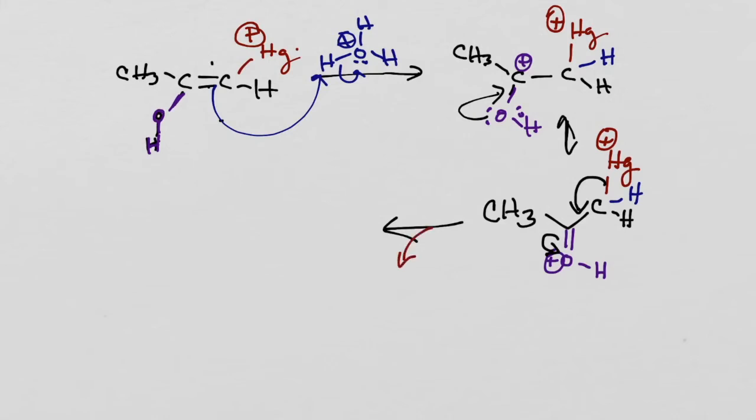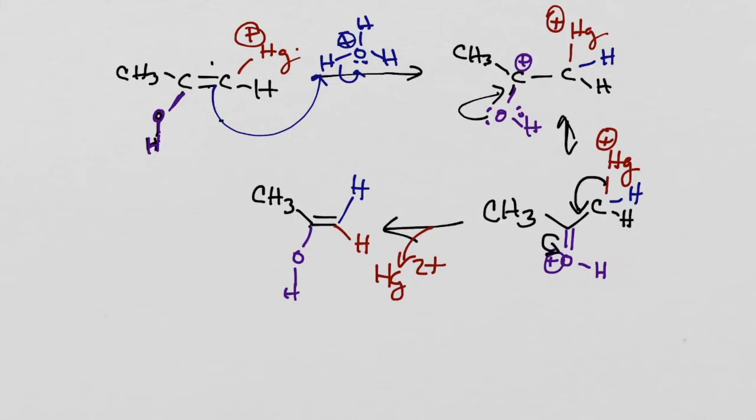The mercury is going to be lost as Hg2+, and we're going to regenerate the enol. Again, this is not a mechanism I'm going to test you on. If you can understand that we add to make the more stable carbocation and put that oxygen on the more substituted carbon, you'll be in good shape.